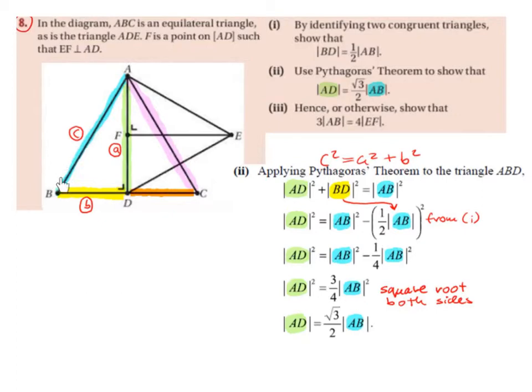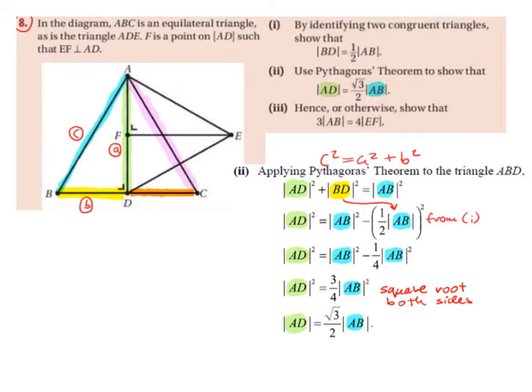So we swap the c for AB squared, and that's equal to the a, which is AD, so AD squared, plus the b, which is BD, so plus BD squared. Remember, AB is the hypotenuse.